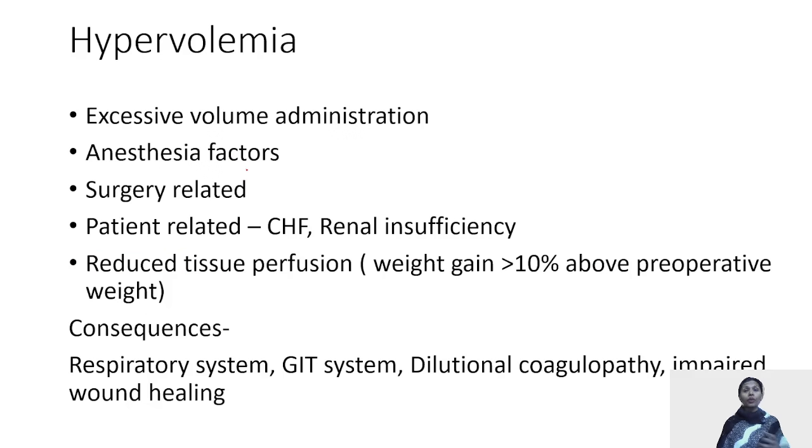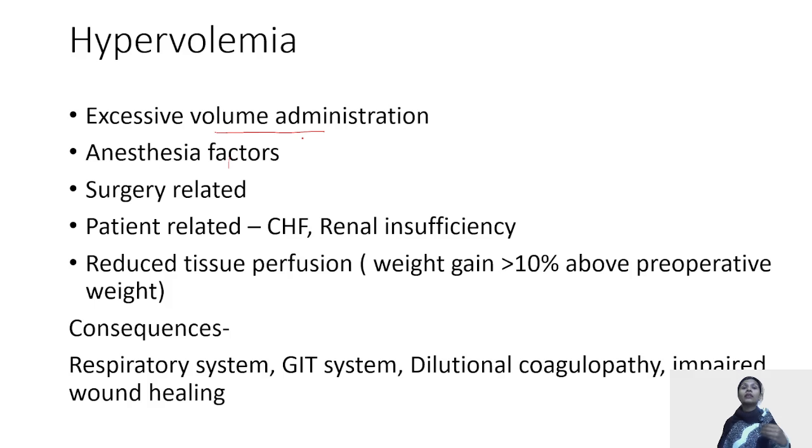Then hypervolemia. The hypervolemia of the patient could be that you have delivered a lot of fluid in the patient, which is not balancing the losses. For example, you have to take into account the urine output. Intraoperatively, if you have not taken into account the urine output, then maybe you give too little fluid to the patient.